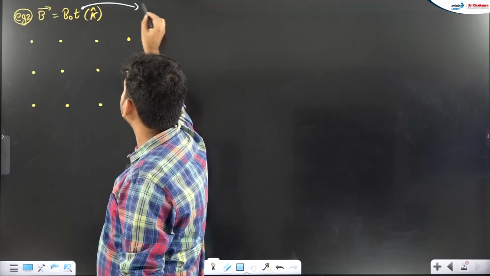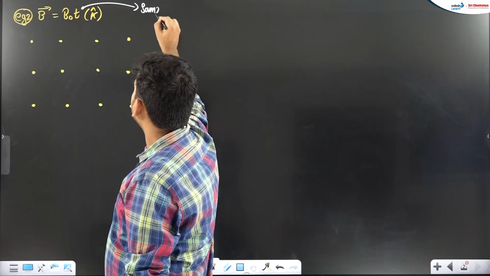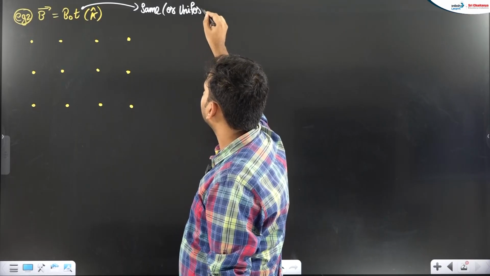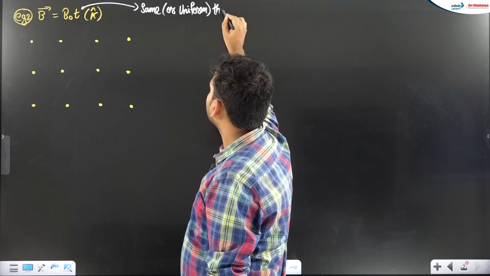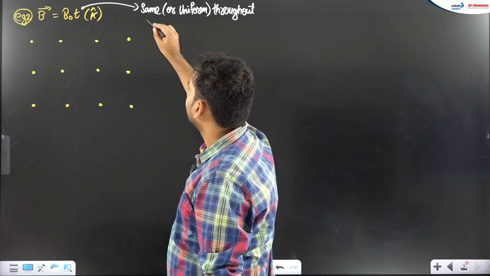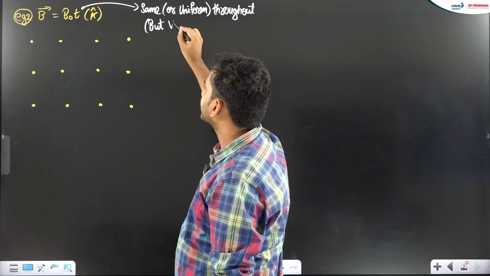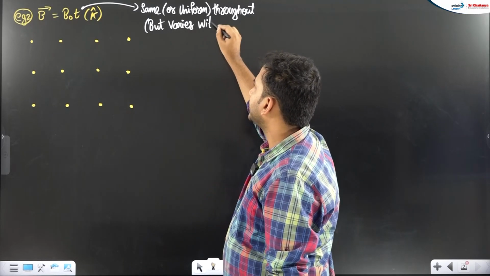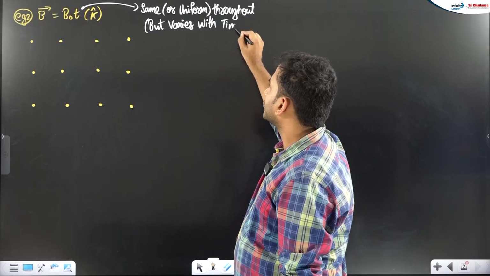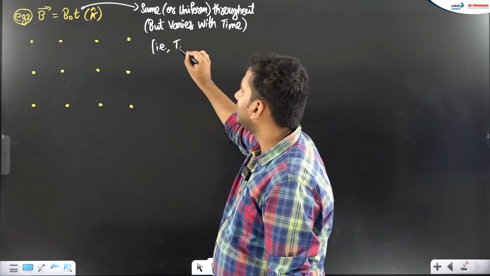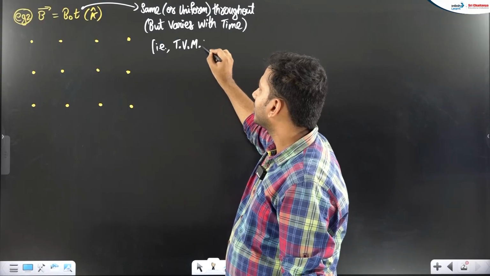So you will say same or uniform throughout, but varies with time. So it is a time varying field, and in short form we call this TVMF, time varying magnetic field.